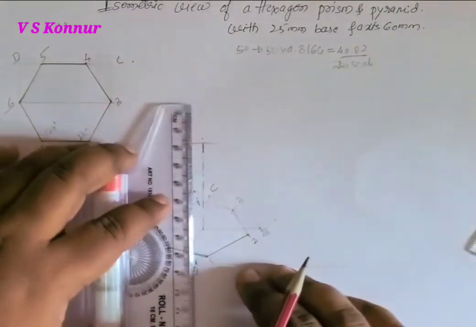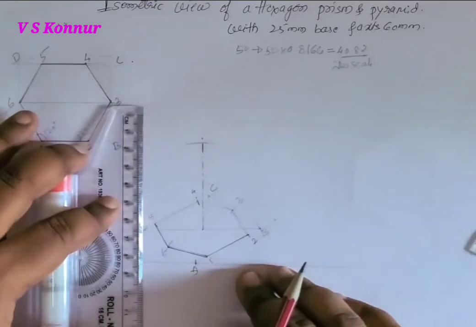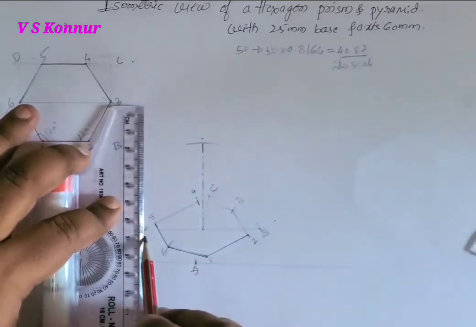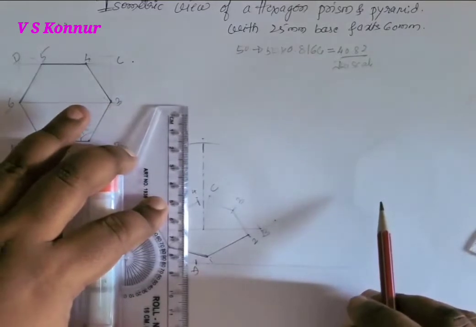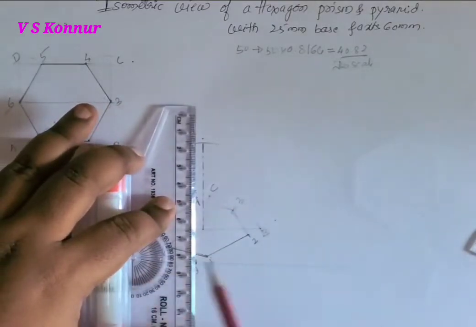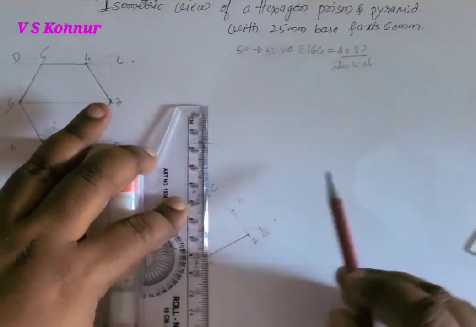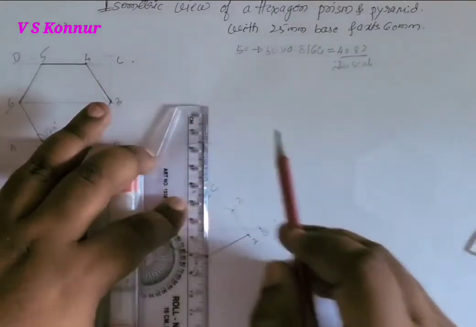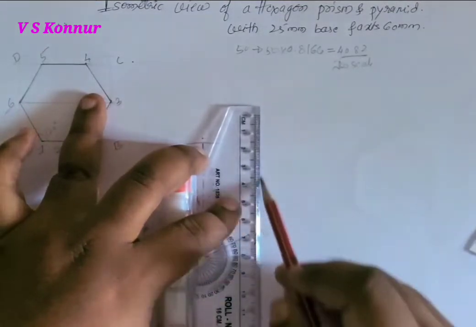parallel to this axis, first I would like to transfer all the ABCD points, the corner points. A corner, C corner, B corner.